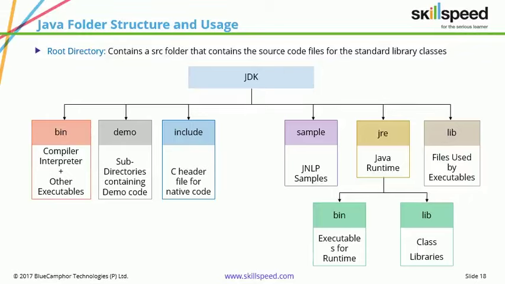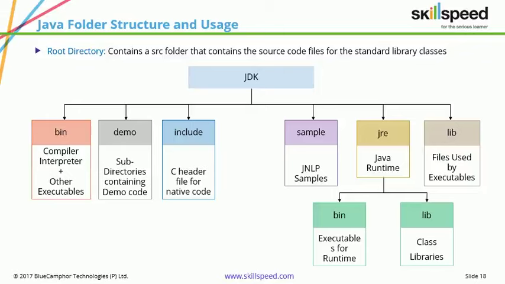Now coming to what each of these folders contains. The bin folder of the JDK contains the compiler, interpreter, and other executable programs. The demo folder will have subdirectories which contain some demo code, giving us examples of different structures or different programming usages.